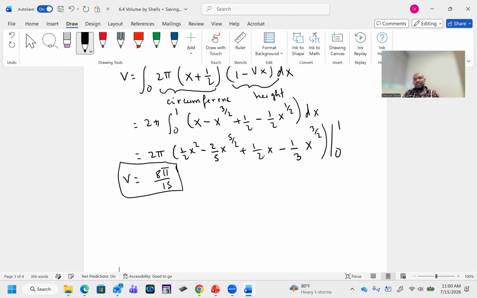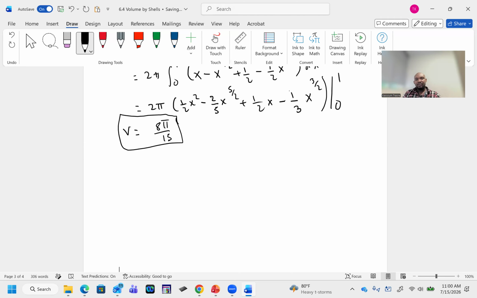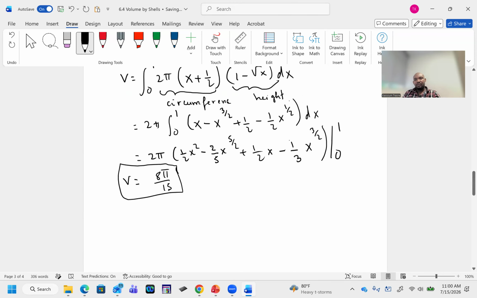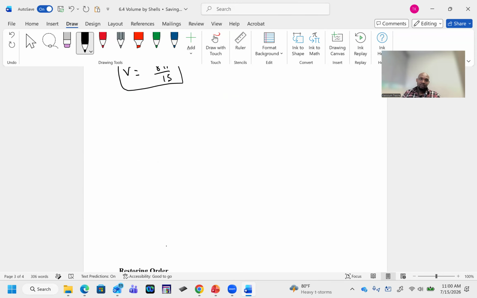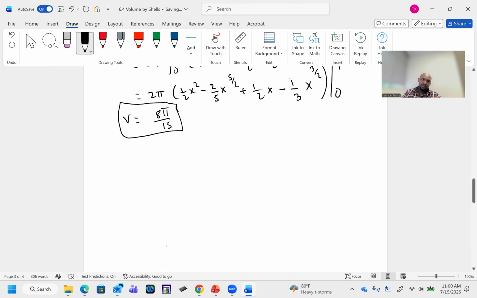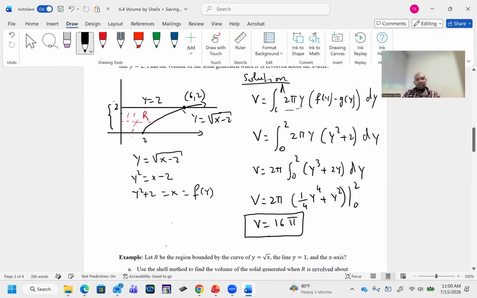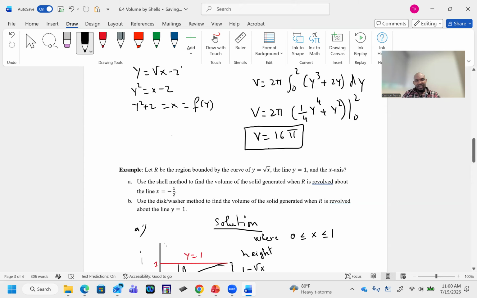So we'll do exactly B the same way, okay? B, use the disk washer method to find the volume of the solid generated when R is revolved about the line Y is equal to 1.